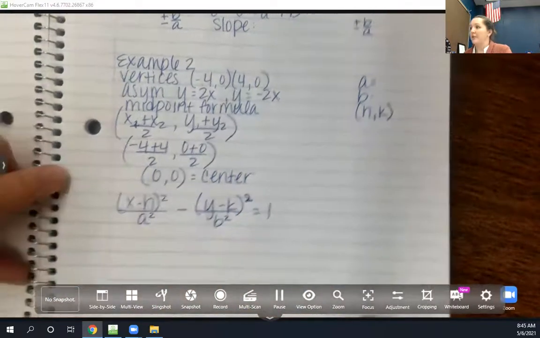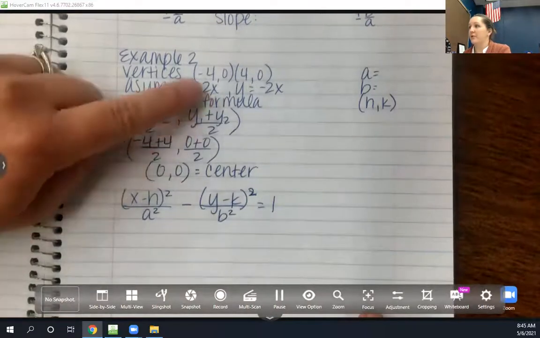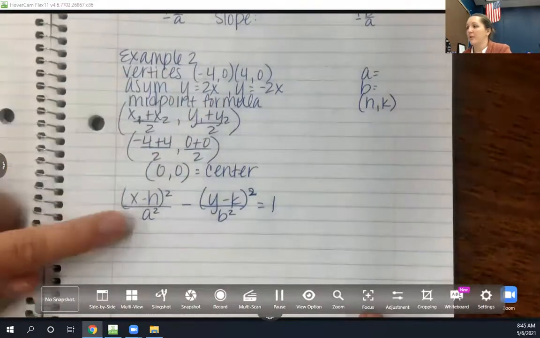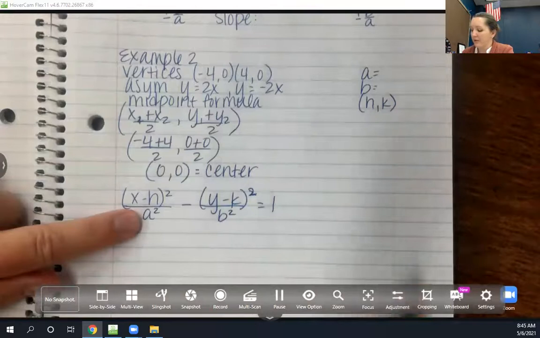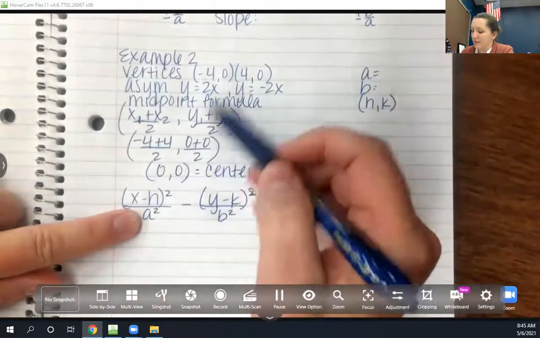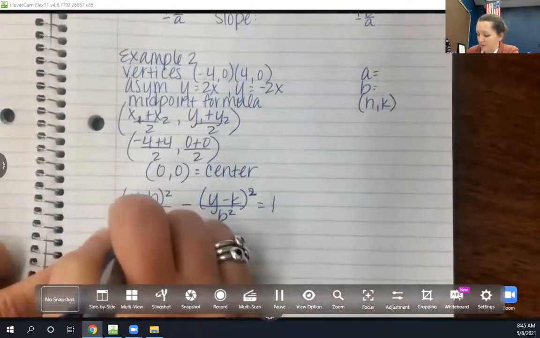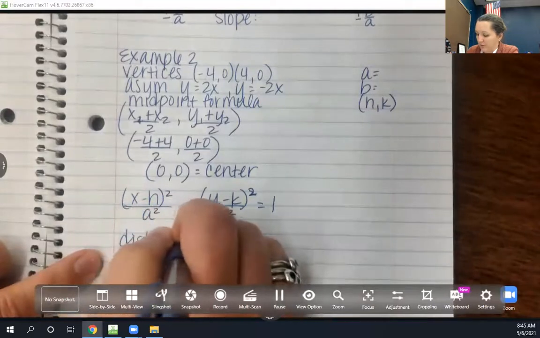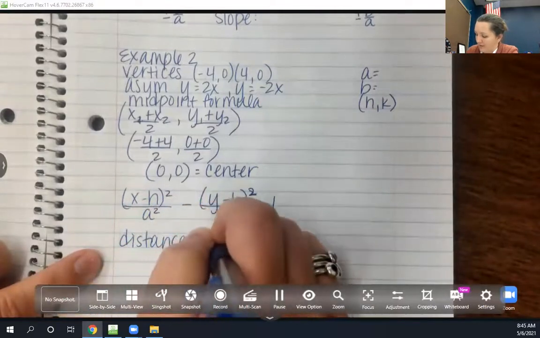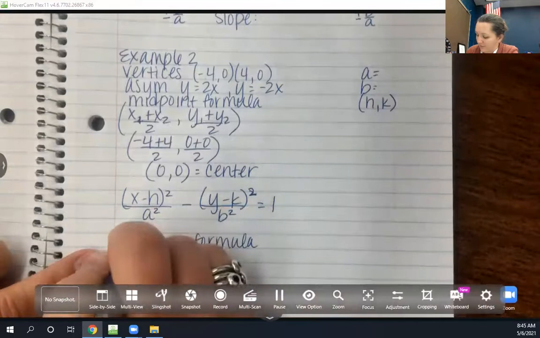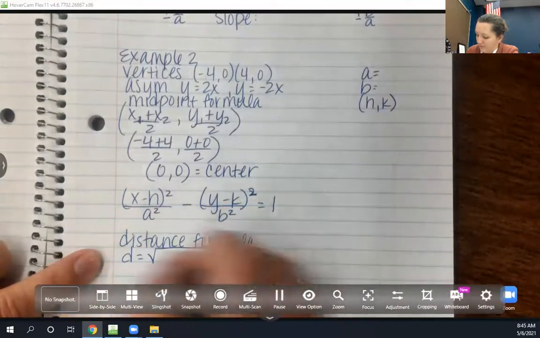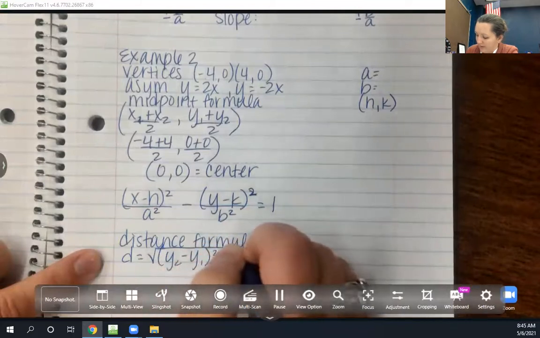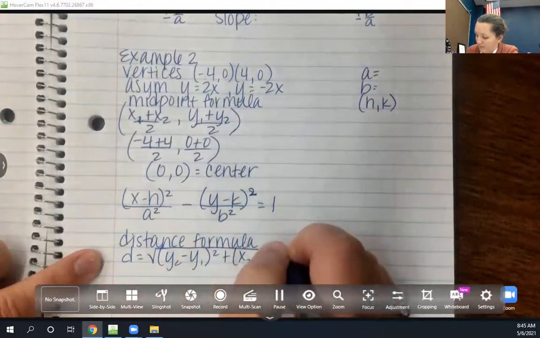All right, I do know my center and I do know my vertices, so I'm going to find A by finding the distance between my center and my vertices, right? So I'm going to use the distance formula. You can probably look at it and know what the distance is, but we're going to use our formula. D equals the square root of y2 minus y1 squared plus x2 minus x1 squared.